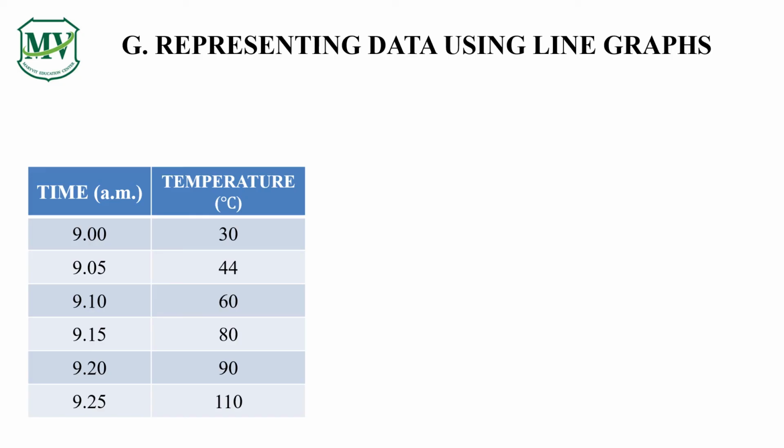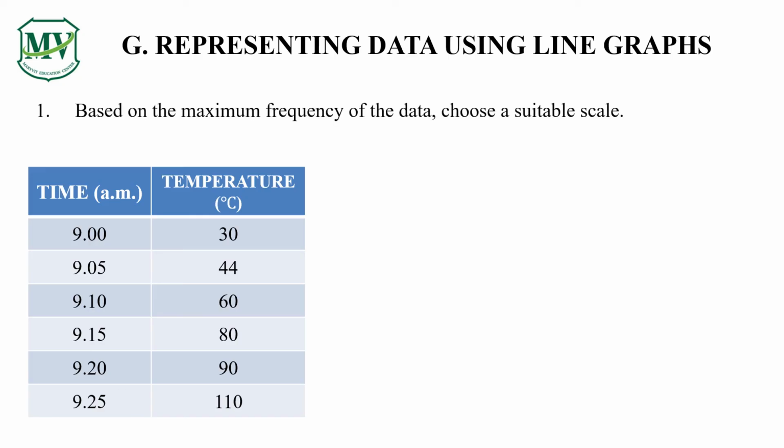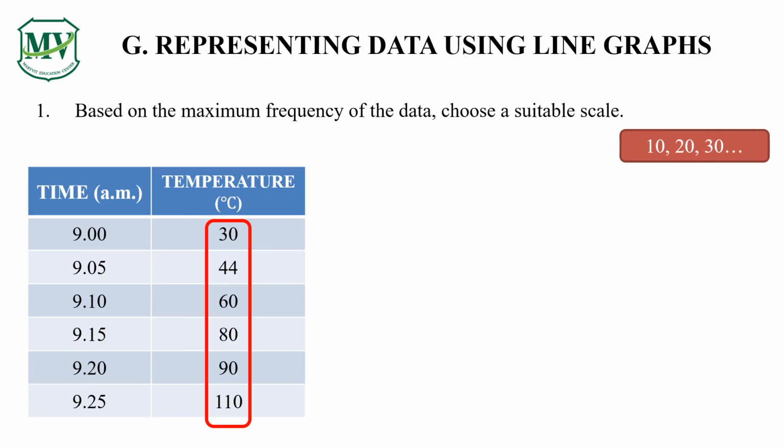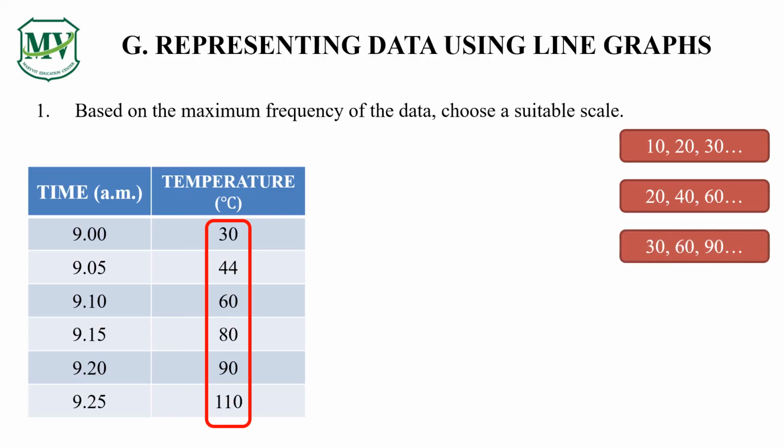In constructing a line graph, the first thing that we have to do is to choose a suitable scale based on the maximum frequency of the data. Our data are 30, 44, 60, 80, 90, and 110. So the scales that we can use are 10, 20, 30, or 20, 40, 60, or 30, 60, 90.